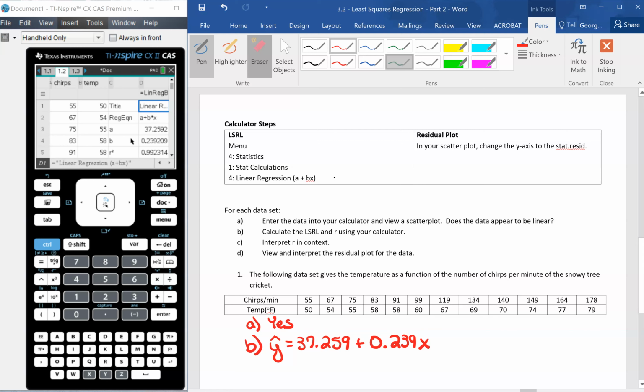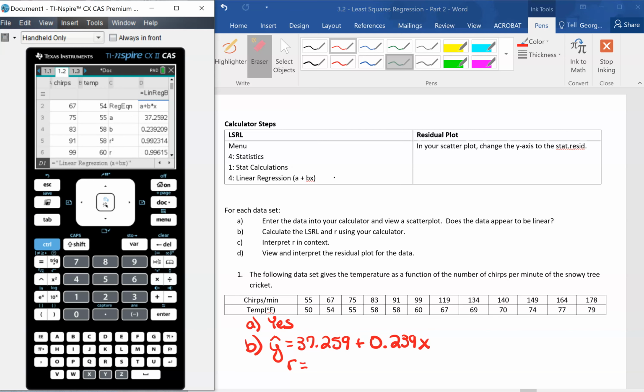All right, so that's the regression equation, our LSRL, but we also need our R value. So if you notice, our calculator is giving us R squared. That's going to be important in the next video, so the next bit of notes. So just hold tight to that one for a minute. And the next thing we want to look at is the R right below it.